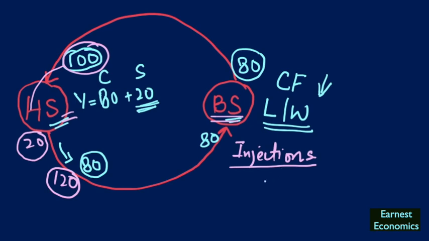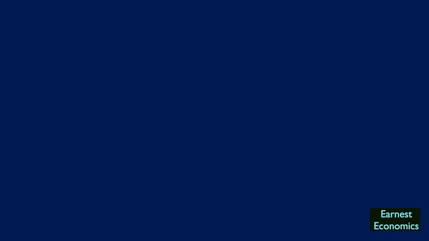This is what we call injections. Injections increase the amount of money that flows through these circuits, through the circular flow. So that is the impact of the injections and leakages that we need to keep in mind.